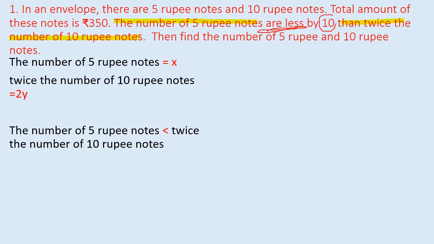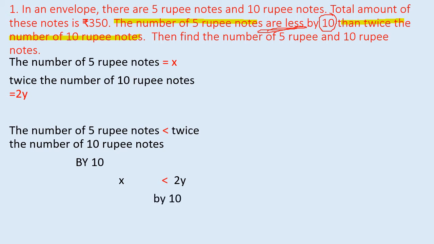It is less by 10. So what is the number of 5 rupee notes? It is x. So x is less than twice the number of 10 rupee notes, which is 2y. And by how much is it less? It is less by 10.